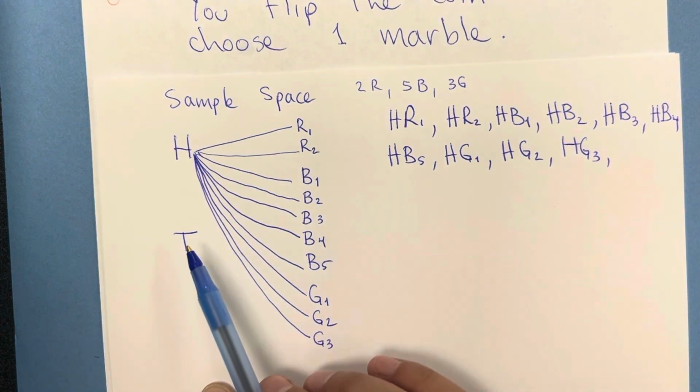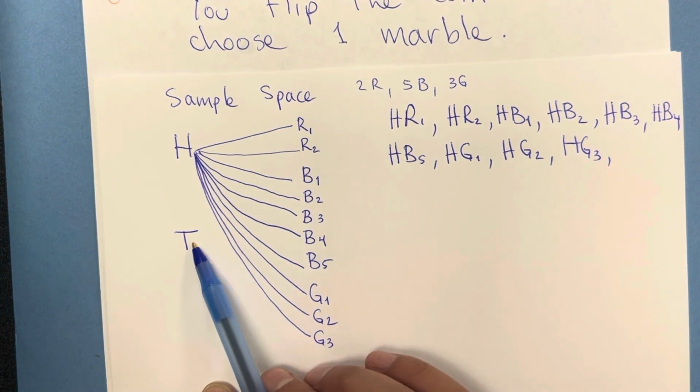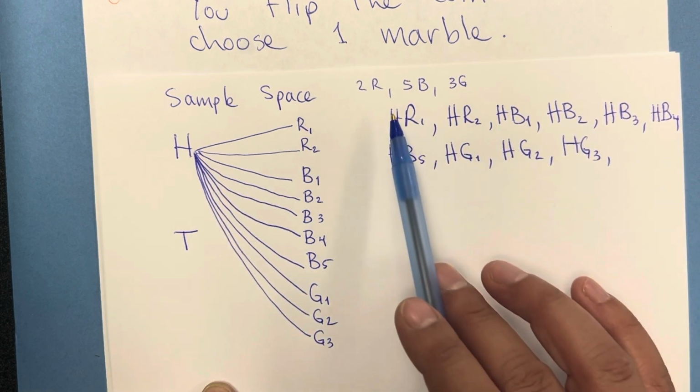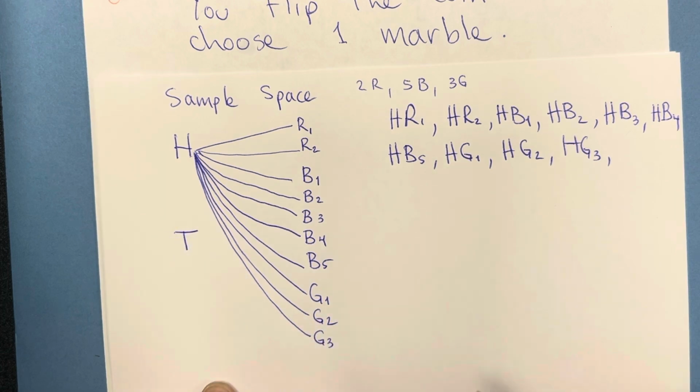And if you notice, it's going to be the same thing for the tails, so that means that you will have the same list, but instead of having heads, it will be tails.